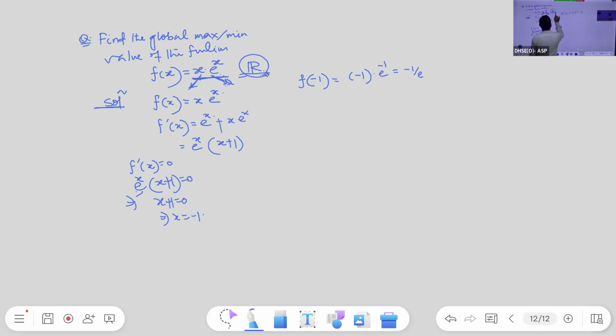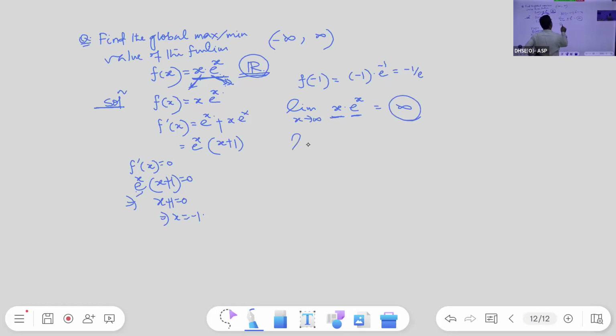Domain of the function is R. So here that means the interval is -infinity to +infinity. Now limit extending towards infinity, x into e power x. Limit extending towards infinity, x into e power x. So infinity into infinity, there is infinity, highest value.